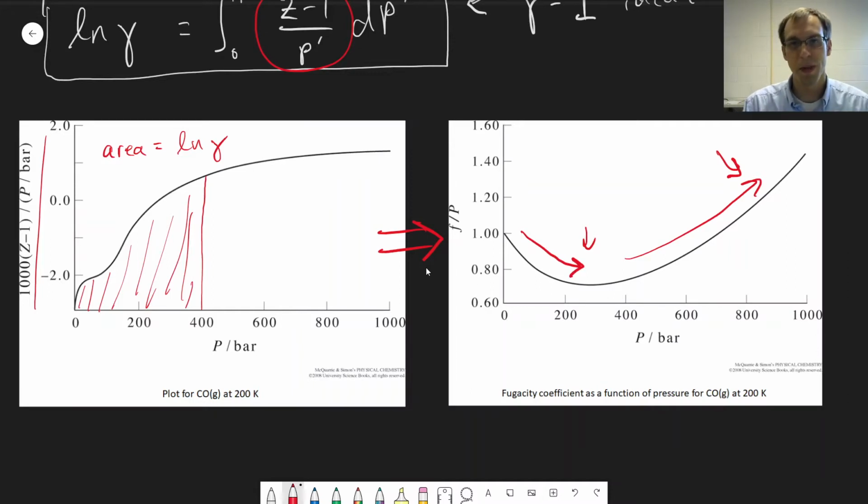But this gives us a way to quantitatively get fugacity coefficients, which means we can find fugacities, and then we can use those in our thermodynamic expressions. Particularly relevant when we're talking about gas phase reactions and the equilibria involved in those gas phase reactions. To get accurate equilibrium constants, you need to use fugacities instead of pressures, because it's the fugacity that's related to the Gibbs energy, not directly the pressure.